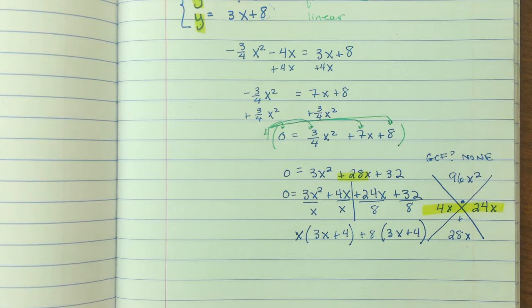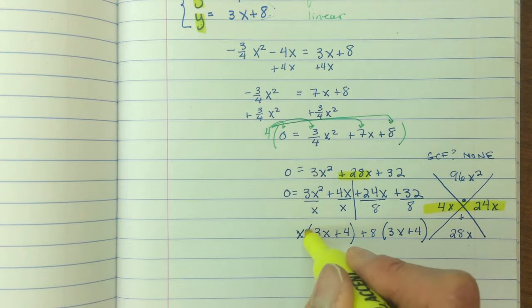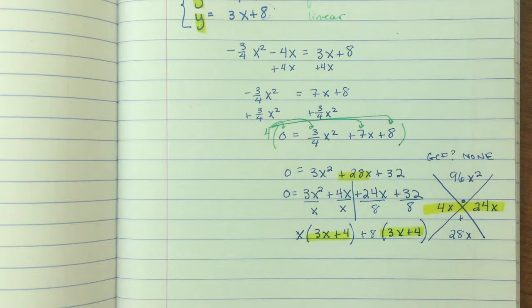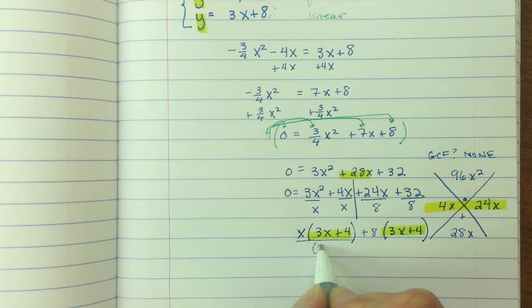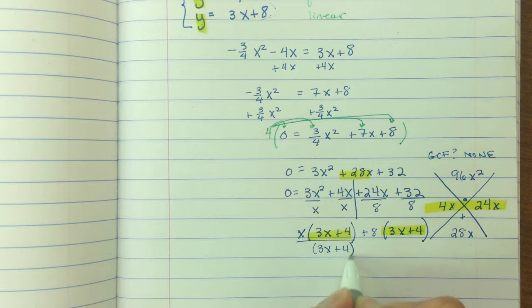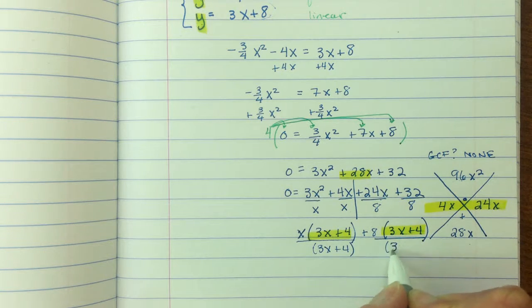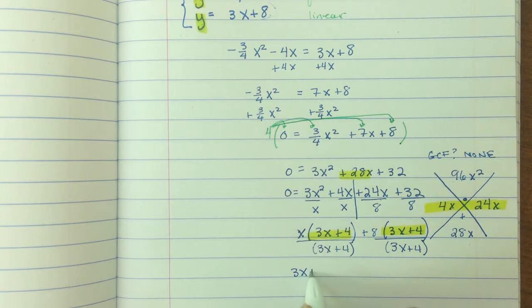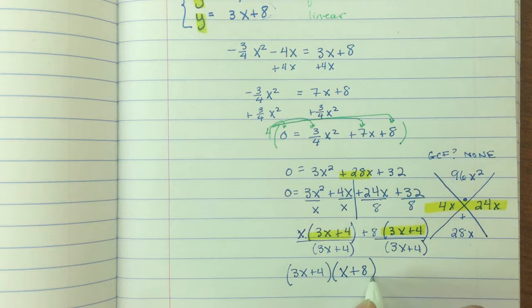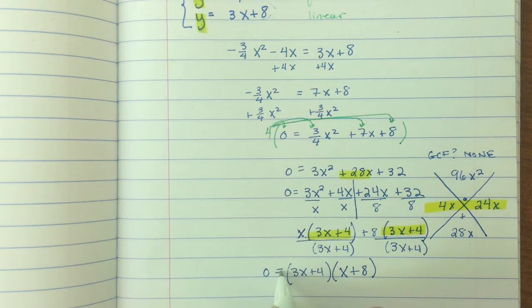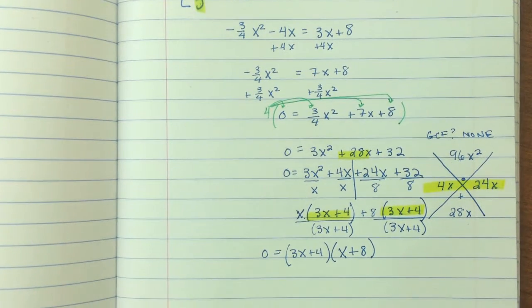I can see here that I have a common factor of 3x plus 4. So I can divide out 3x plus 4, and that means I have 3x plus 4 times x plus 8. Remember, 0 equals. Where did that 0 equals come from?